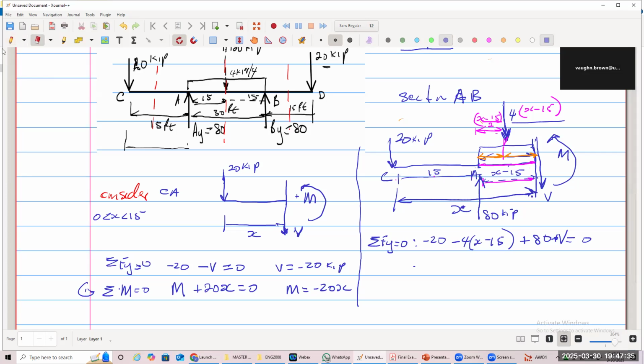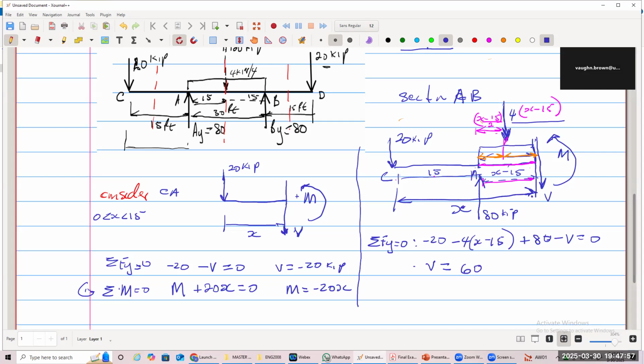Why did I write that as plus? Let me fix that. So it is minus V equals 0. That's a quick equation. Once you have experience, you can quickly write it. And so your V is really going to be equal to what now?